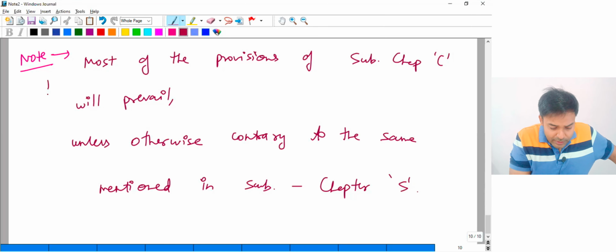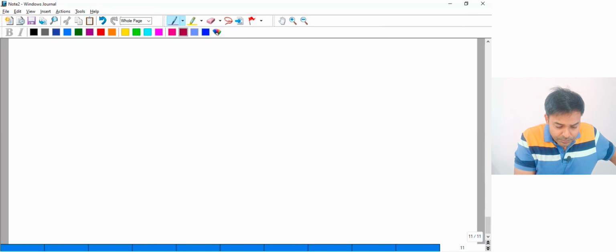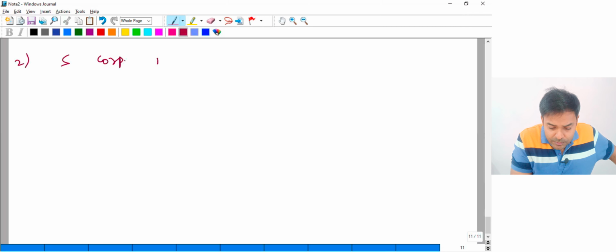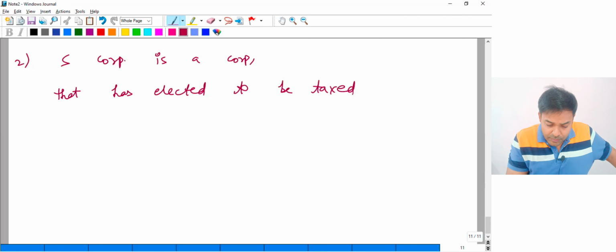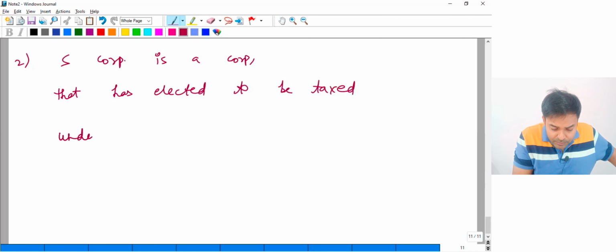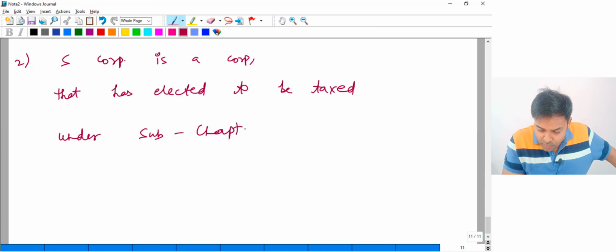One more note about the election I'm making. An S corporation is a corporation that has elected to be taxed under subchapter S of the IRC.